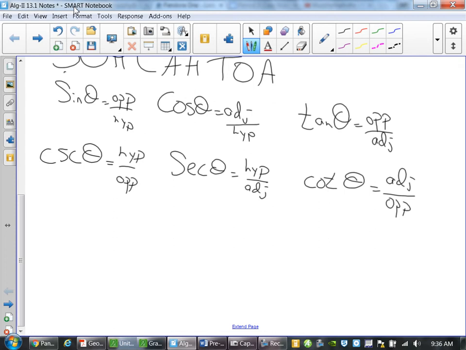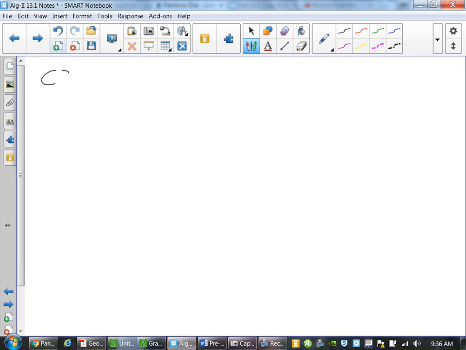Can I go to a fresh one? Yeah. So cosecant is 1 over sine, or you can say sine is 1 over cosecant. They can flip back and forth. Because when you're on that diagonal, you can just exchange things without it changing anything.